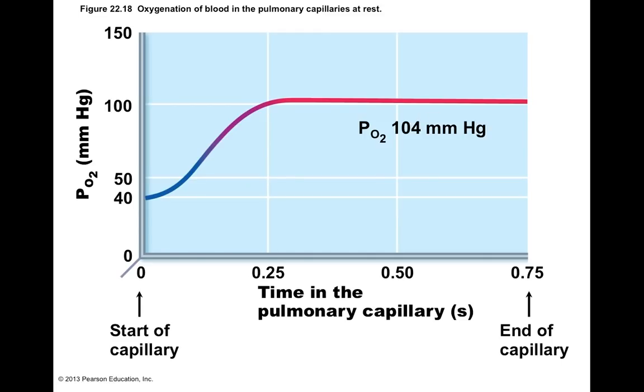So if you think of blood like a sponge, it can only soak up so much, and you're going to absorb enough to where it can soak up, so to speak, and you can have an oxygen saturation. So if your oxygen saturates at 104 millimeters of mercury, that's pretty normal. That's a normal oxygen saturation. Okay. If it saturates lower than that, then you start thinking about things like anemia, which would be lower O2 levels in blood.